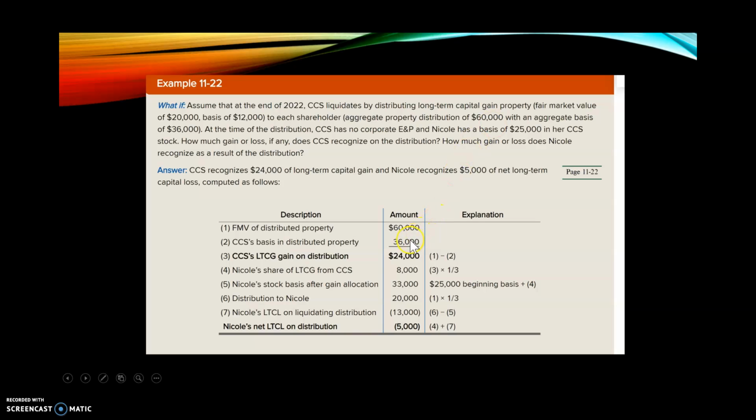So if 36,000, for example, was actually 65,000, you would not have a positive value. Therefore, it would be a loss.